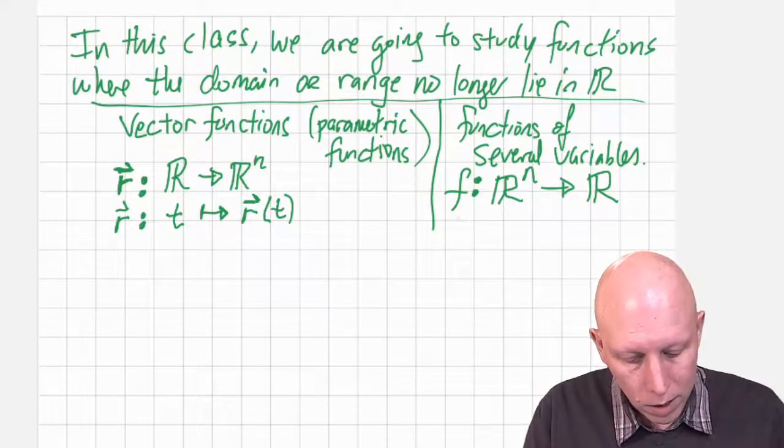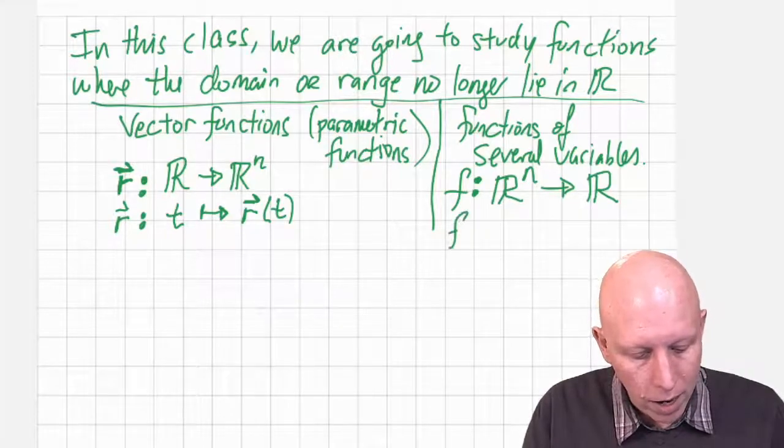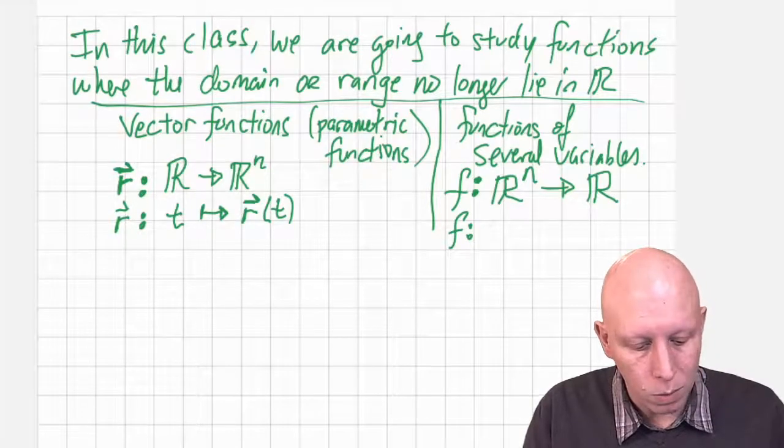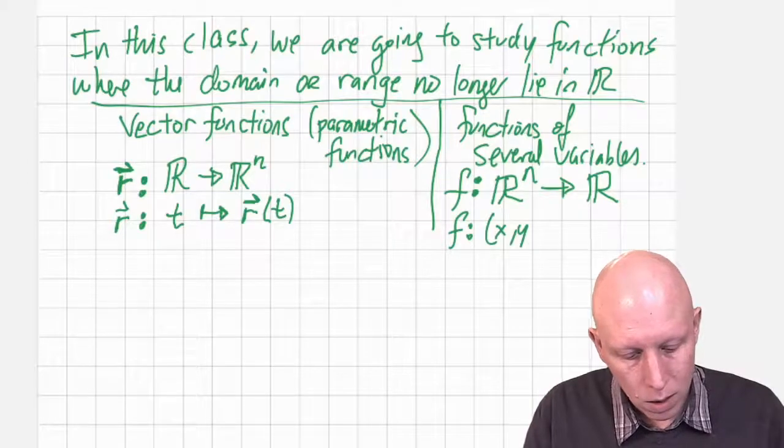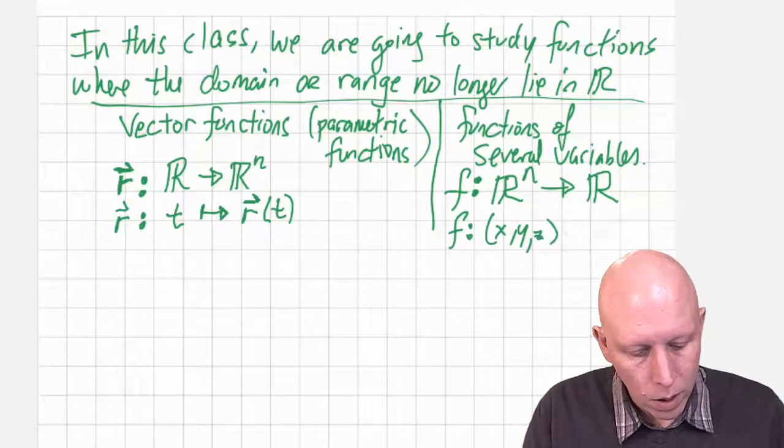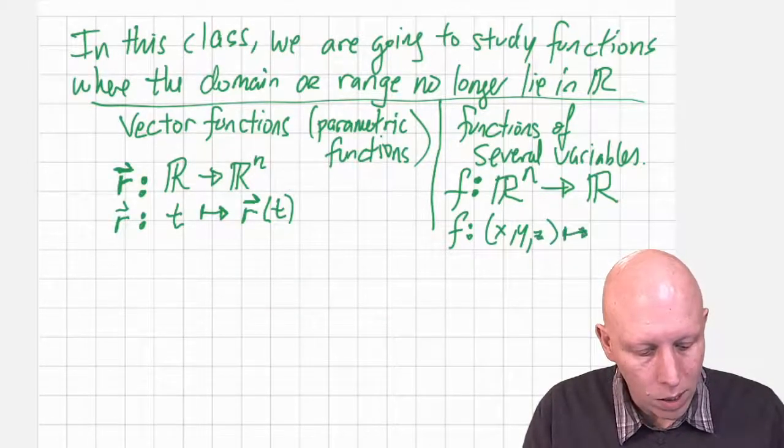So f might take a point x, y, z, and the output would be a single number, f of x, y, z.